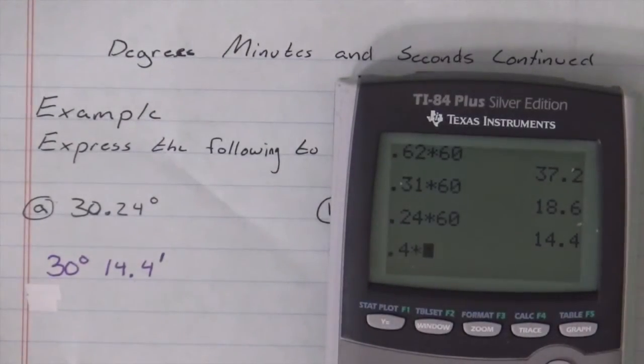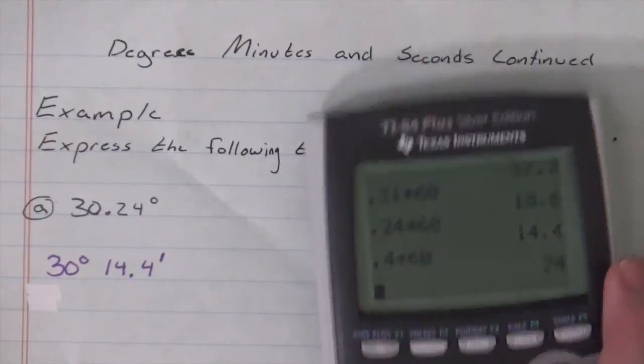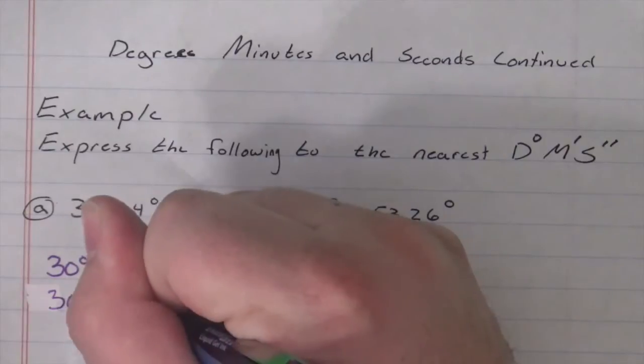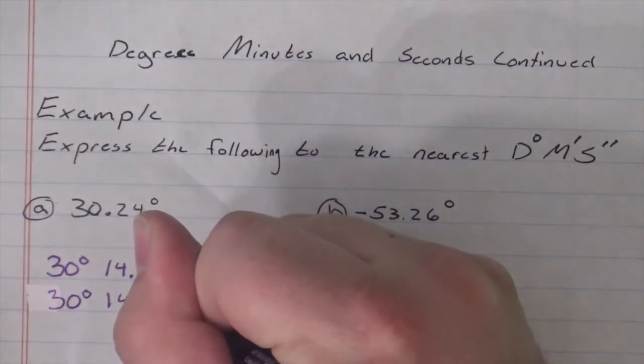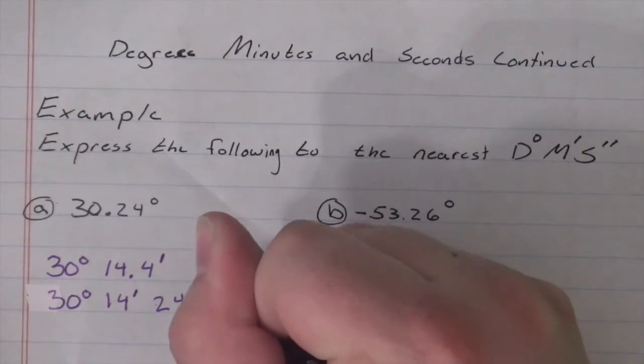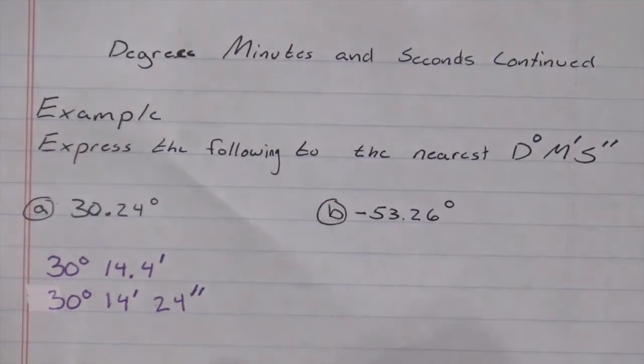So 0.4 times 60 gives me 24. So I have just found out that this is going to be 30 degrees, 14 minutes, and 24 seconds. And the way we denote seconds is with 2 little marks. So minutes has 1 and seconds has 2. Alright, so why don't you try the next one on your own?